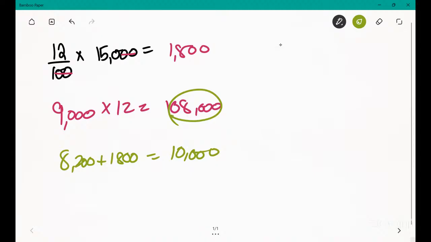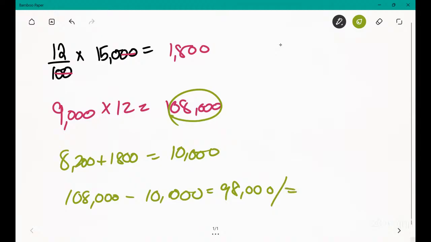So he spends 10,000 as expense. They're asking the remaining. So 108,000 minus 10,000 gives us 98,000. He has 98,000 remaining after paying both the expenses, which is the rates and the maintenance.